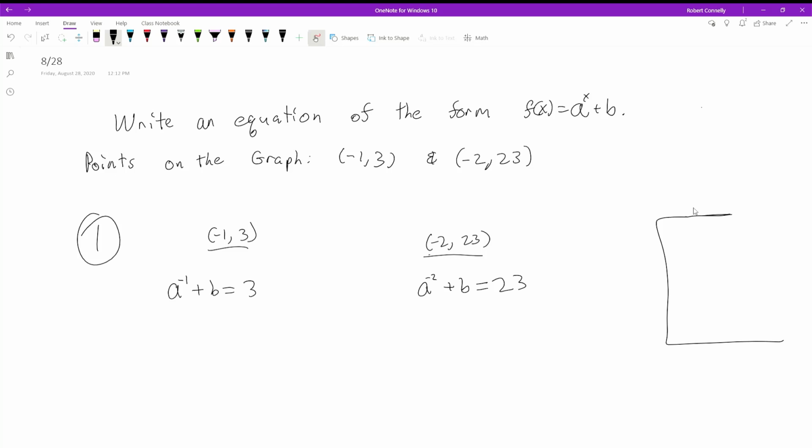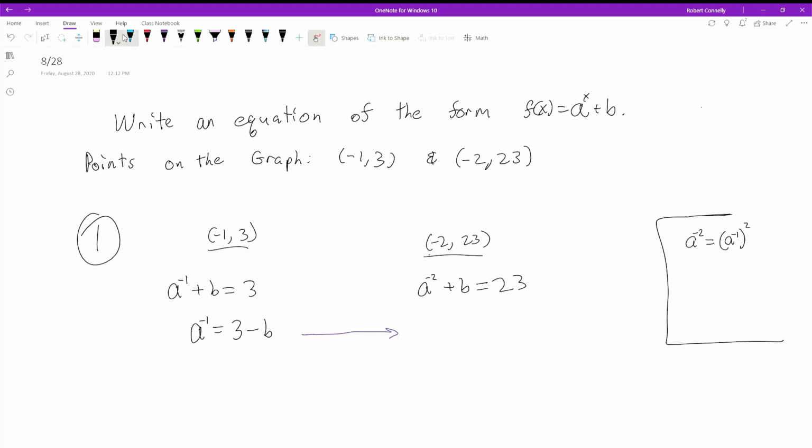So if we realize that a to the -2nd power is a to the -1st power squared, right, that just uses our exponent to a power property, then if we recognize that, we can solve for a to the -1st power here. So I solve for a to the -1st, and I get 3 minus b. And now I can take that and plug it into my other equation.